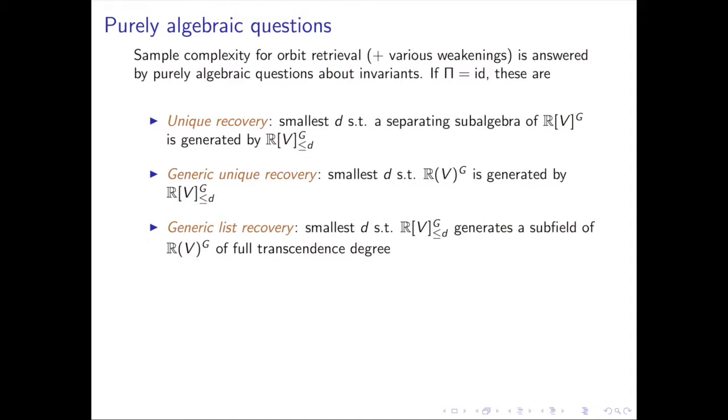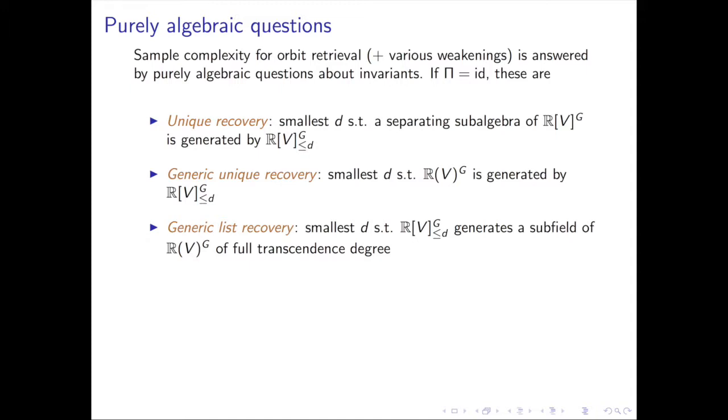So you're asking for field generation if you just want to be able to retrieve almost all signals. You could ask for something even weaker. You could ask that for almost all signals x, the invariants up to degree d don't determine x, perhaps, but determine a finite list of possible orbits on which x is. So you might ask for the smallest degree d such that there are finitely many consistent orbits.